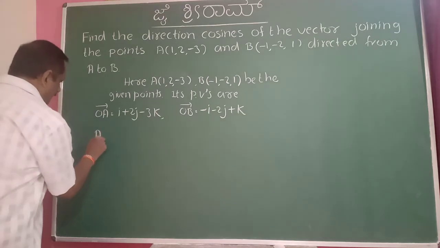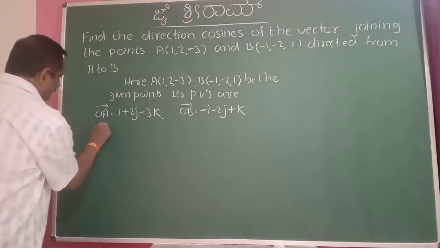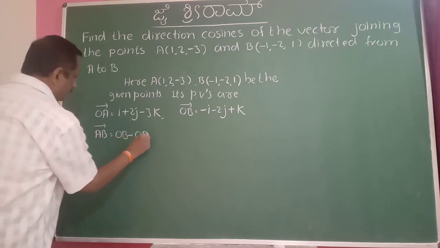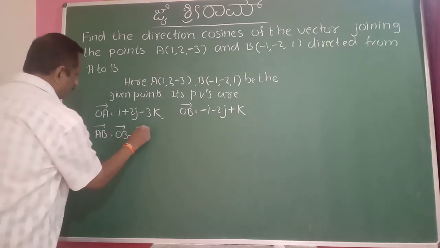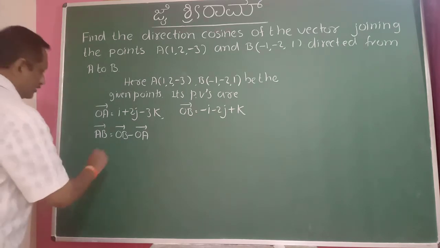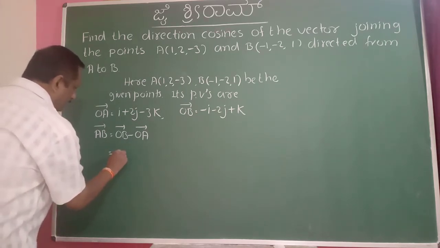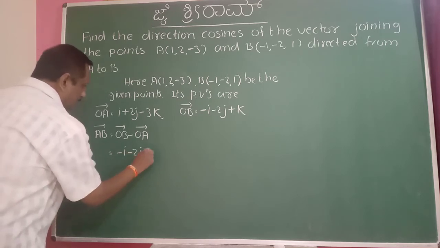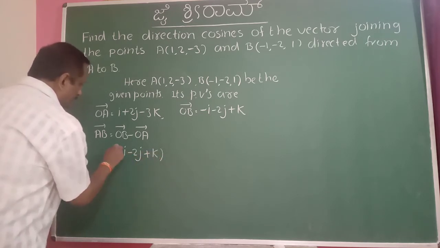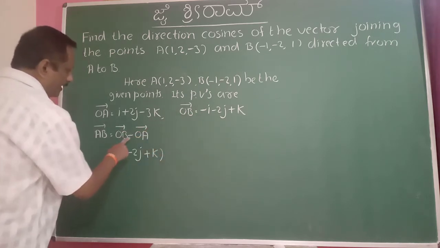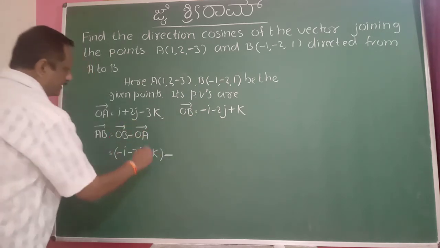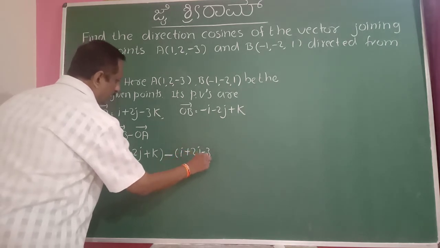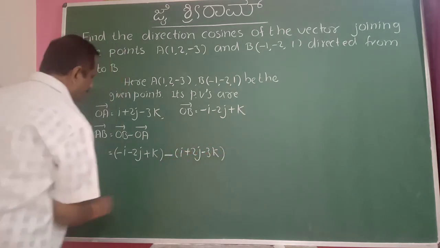Therefore, the vector AB is given by OB minus OA. So this is equal to minus i minus 2j plus k, minus the vector OA, which is i plus 2j minus 3k.